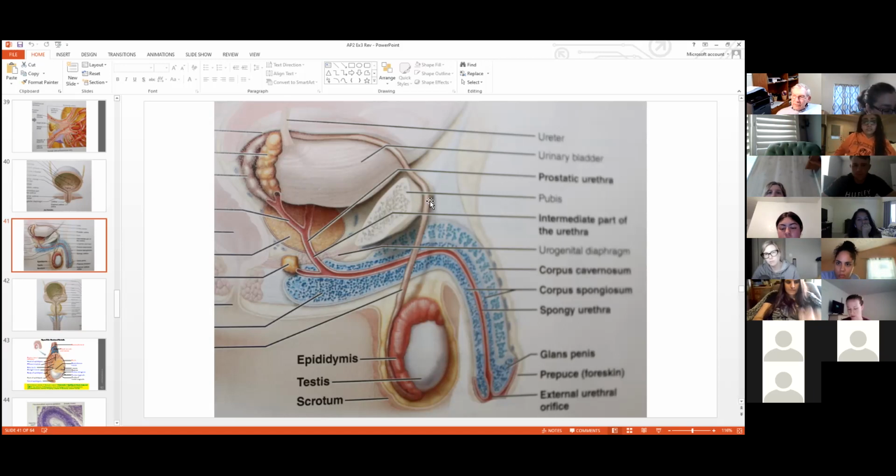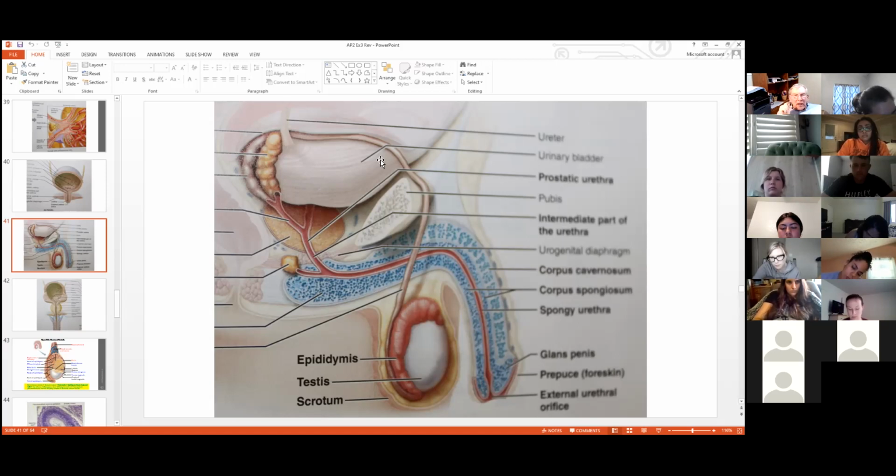Well, there is a little passageway through the body cavity. That is called the inguinal canal. So in number 17, the inguinal canal is that passageway from the inside body cavity to the outside to descend down into the scrotum. That's the passageway for those testes.